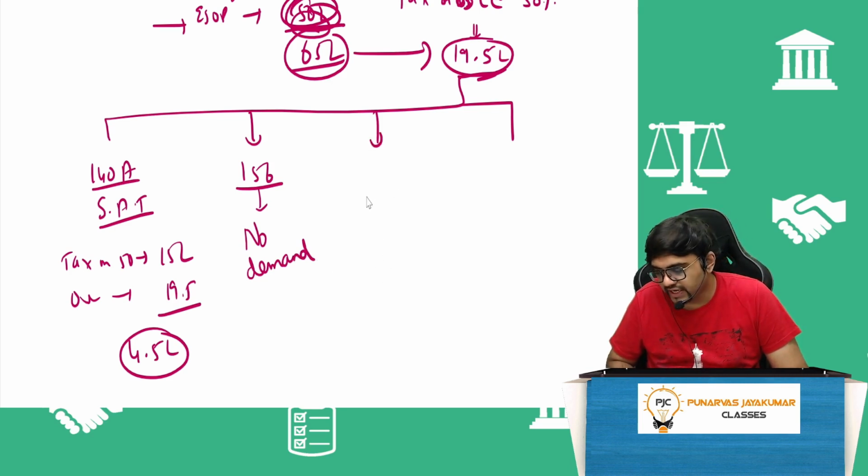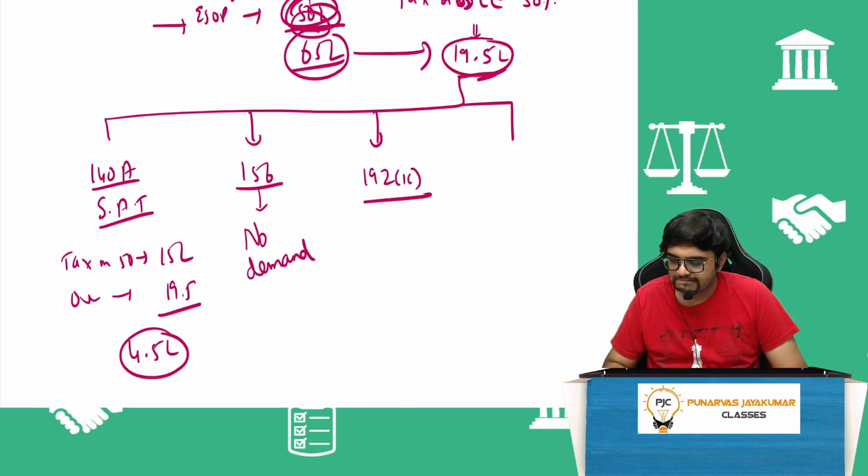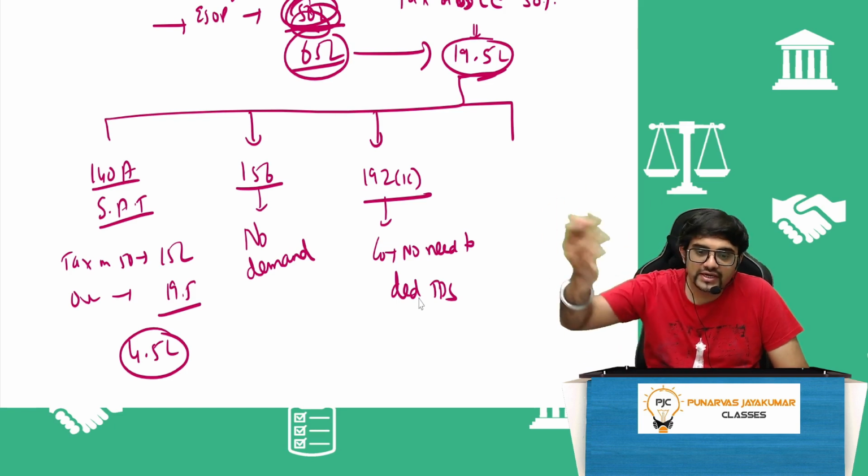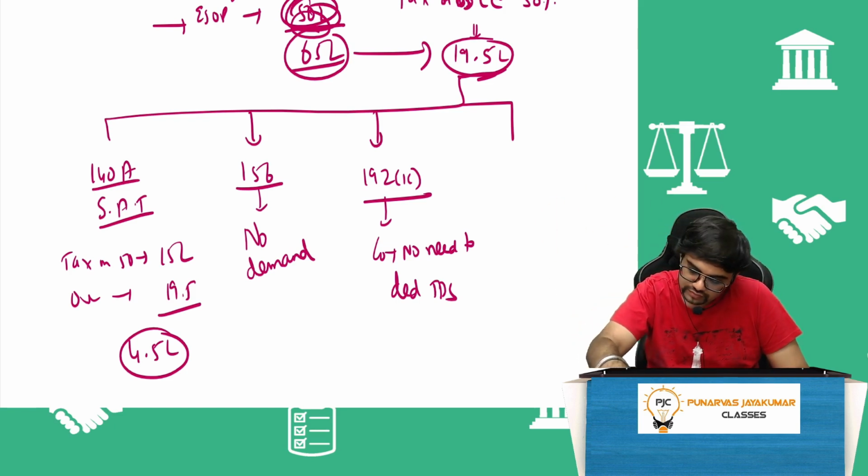Third, in TDS 192, 1C was inserted. Now they say the company need not deduct TDS. You will deduct later when he exercises the option or when he leaves, whatever. We'll see at a later date. Just don't do it immediately.